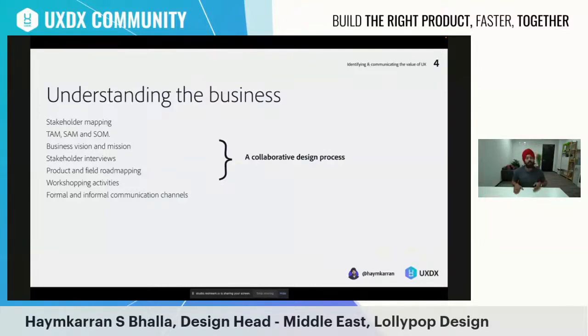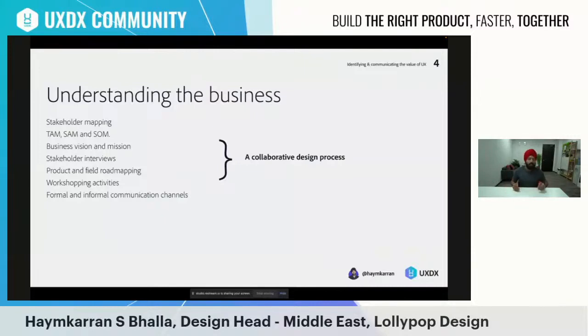How do you craft a thorough understanding of business vision and missions so that you go back to the C-suite convincingly and say, by understanding this, we are able to structure a roadmap that can help your business in the future? That could be your product roadmaps, your feature roadmaps, or your feature driven roadmaps. And then there are a couple of activities listed here.